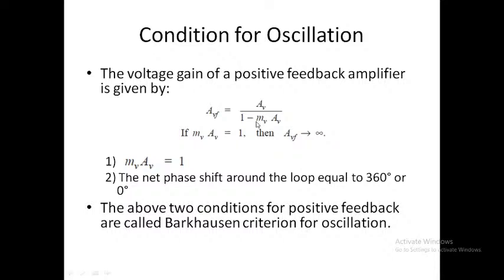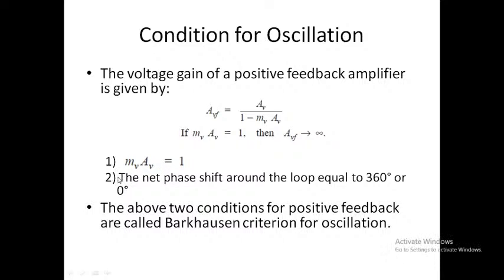So this is the first condition for oscillation: Mv times Av equal to 1 is the first condition for oscillations. This quantity should be exactly equal to 1, so as to produce oscillations in the circuit.